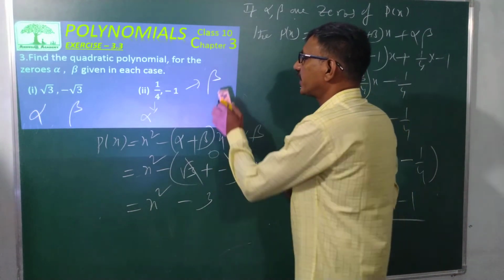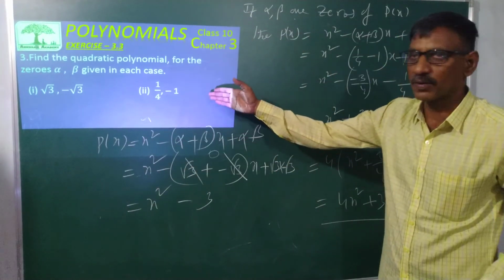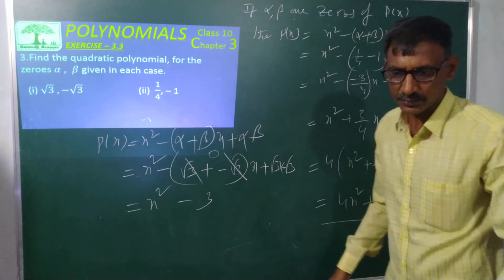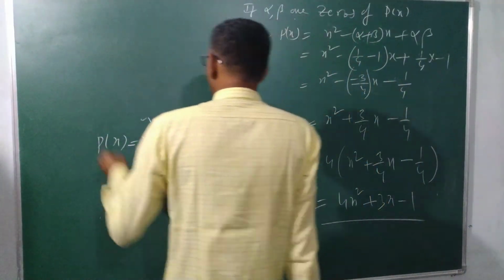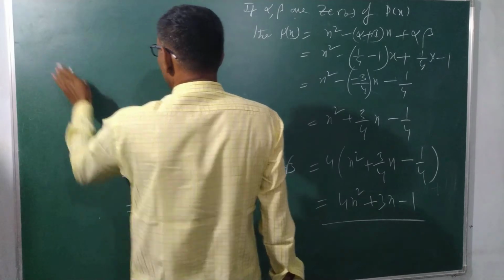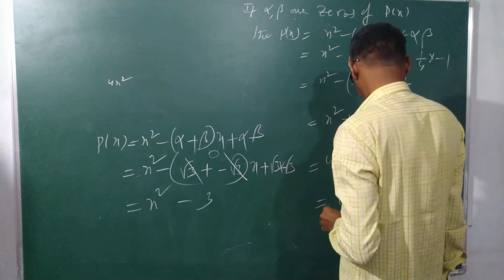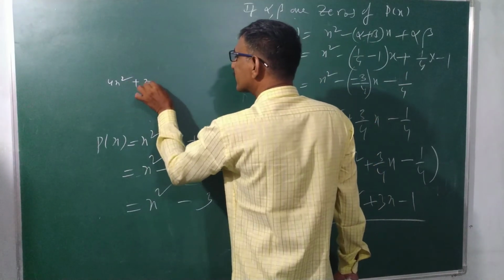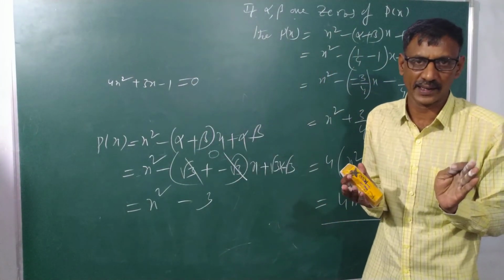I would like to check it out. Okay. We will get 1 by 4 or minus 1. See here, I would like to do it here. So 4x square plus 3x minus 1 is equal to 0. I will get the zeros, no doubt at all.